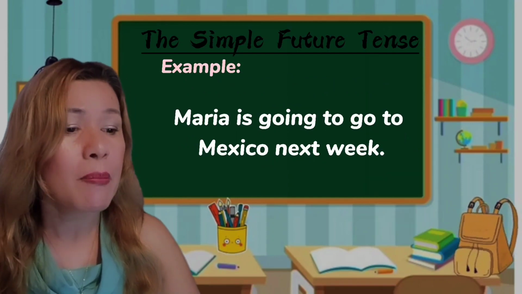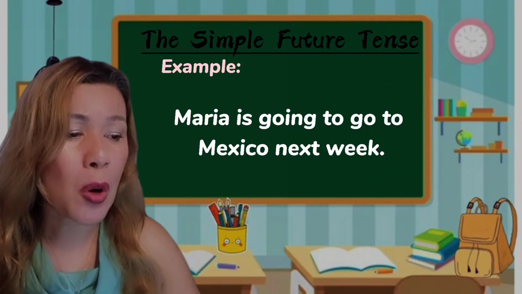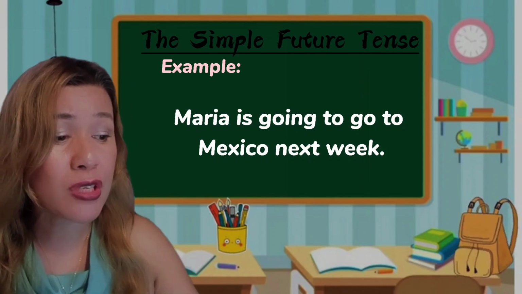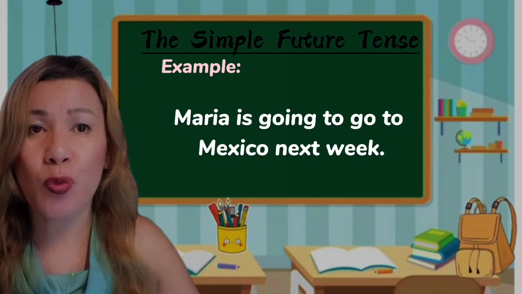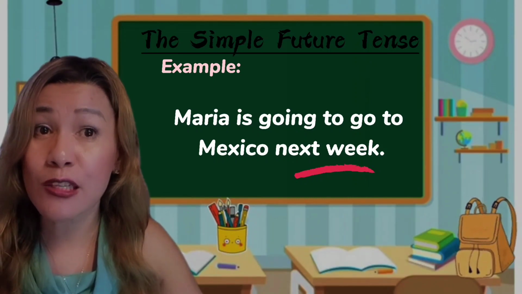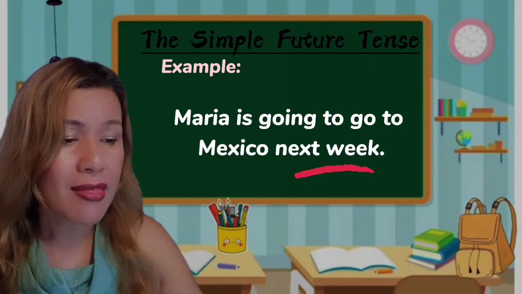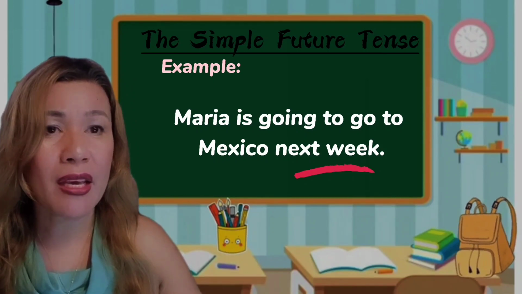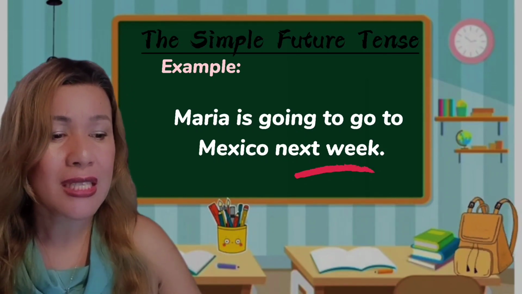Another example. Maria is going to go to Mexico next week. Notice that we have a future time indicator, next week. So it indicates futurity. The action is still to happen. So in this case, we are following the second way of forming a simple future tense.